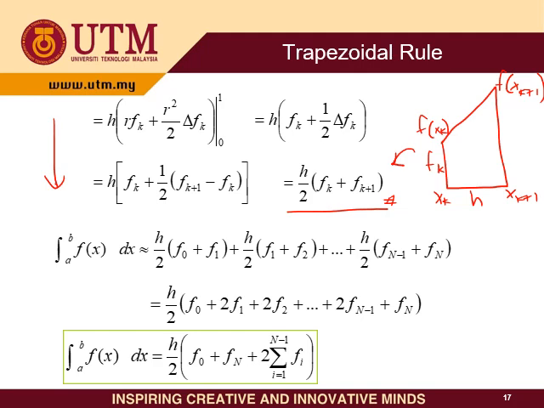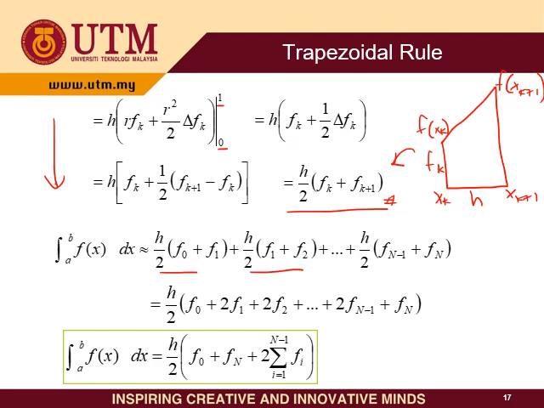And this is the equation for one interval. Let's say this is 0, 1, so this is just for the first interval. If you have many intervals, that's why you will have a plus here. Down here is where you have more than one interval: the first interval, second interval, as I mentioned before.